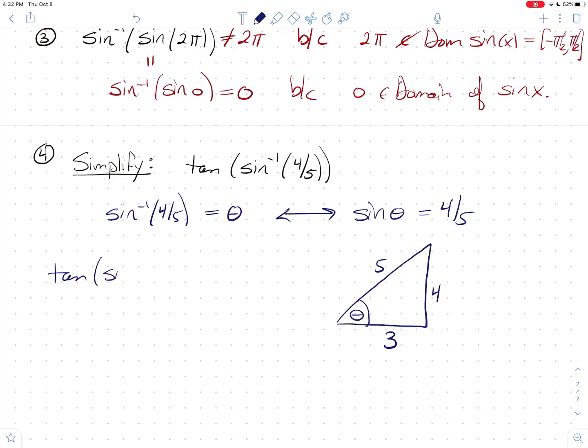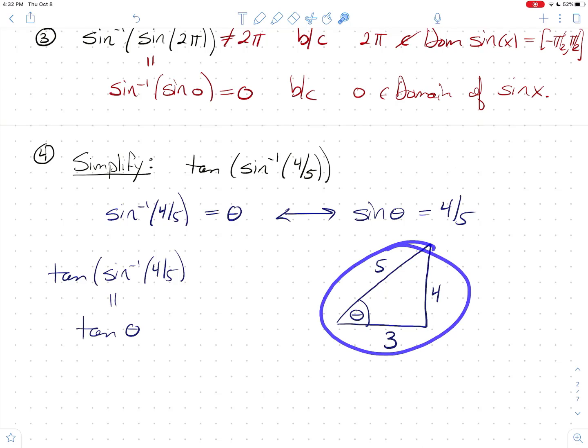Tangent of the inverse sine of 4/5 is the same thing as tangent, we called this theta. So this is just tangent of theta, but I have this picture that represents theta as well. And so tangent of theta is just opposite over adjacent, which is equal to 4/3. And so that's how you can simplify that. Okay, so we'll stop here.